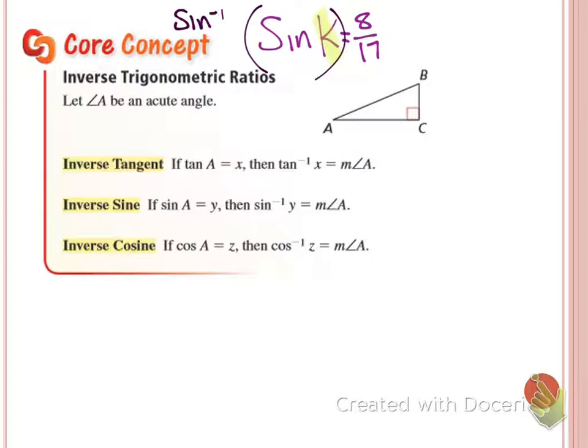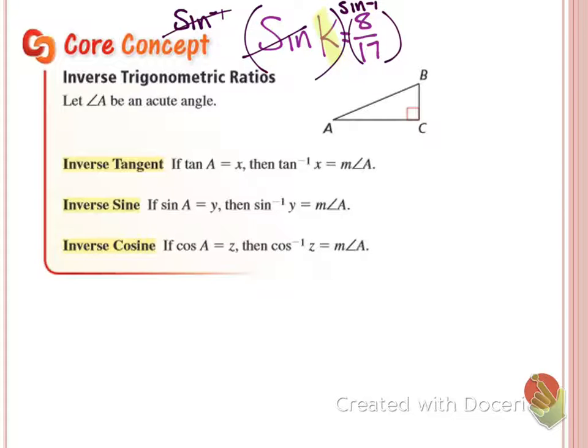It looks like this. But if I did it to the left side to get rid of sine, I would have to do it to the right side as well. So I'll teach you the button to make sine to the negative 1 pop up if you haven't found it. You would hit shift, sine. So in your calculators, type shift, sine. Shift is in the top left. And then sine. And then you would type in 8 divided by 17. You don't have to make it into a fraction.